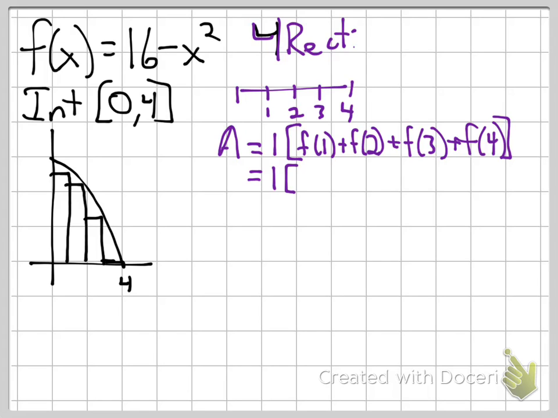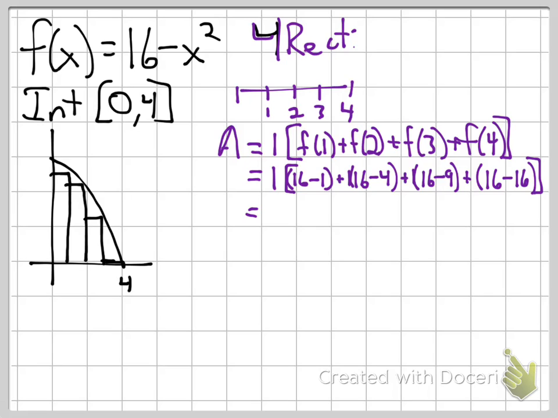So f of 1 is going to be 16 minus 1 squared, which is just 15. f of 2 is 16 minus 4, or 2 squared. f of 3 is 16 minus 9, or 3 squared. And f of 4 is 16 minus 16, which was 4 squared.